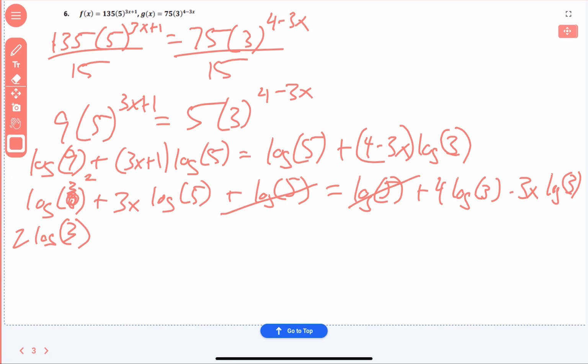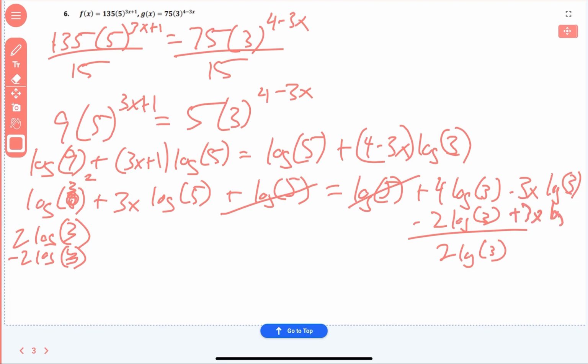So if I was to subtract that from this side, subtract it from this side, I get 2 log 3. And now I'm going to add this to the other side. And so that cancels, leaves me with 3x log 5 equals 2 log 3.